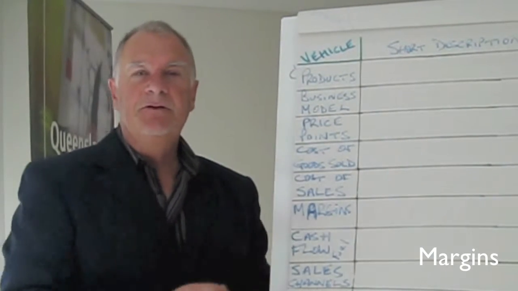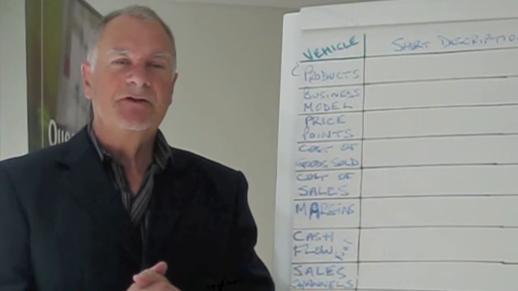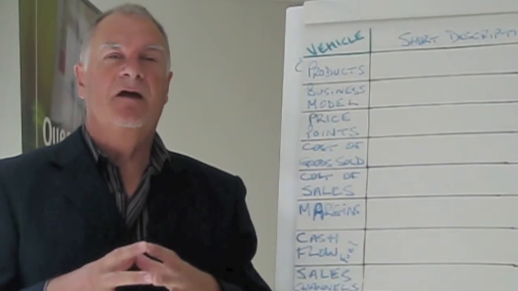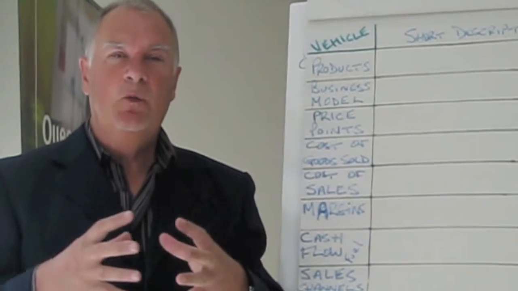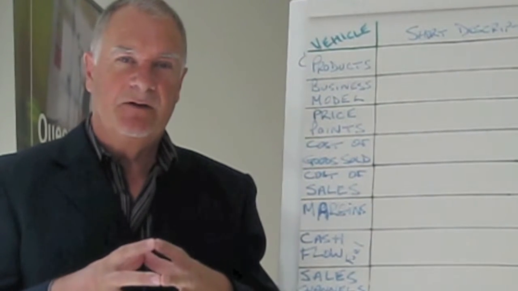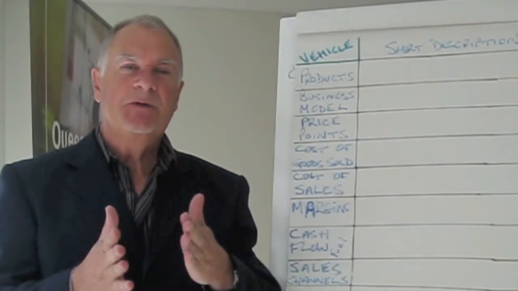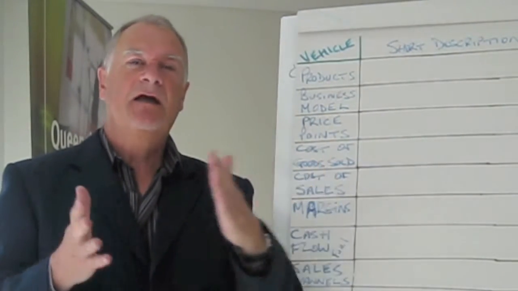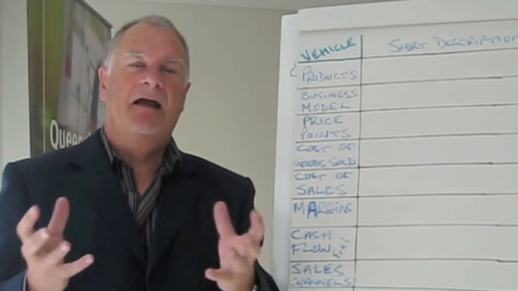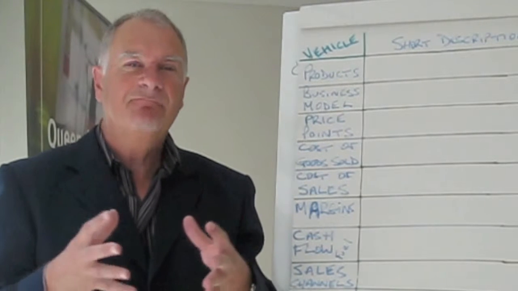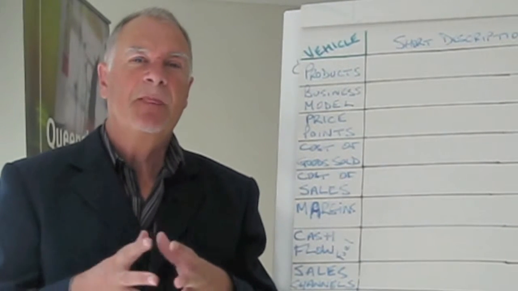And then we move on to the next element, which is margins. These are, if you like, the gross margins that leave you with money to run your business with. And I think that is very, very important. These are the differences between the cost of goods and the cost of sales, and it leaves you with, whether you call it gross margin or in simplistic terms, gross profits.